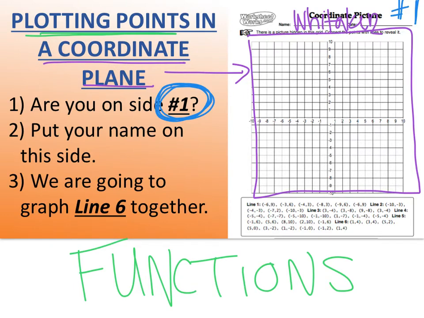And the last thing I need you to know is we're going to do line number 6 together. So you're on side 1, and we're going to do line number 6. So that's those points at the very bottom. Okay? So again, make sure you're on side number 1. Make sure you've put your name on the worksheet, and we're about to do line number 6 together.